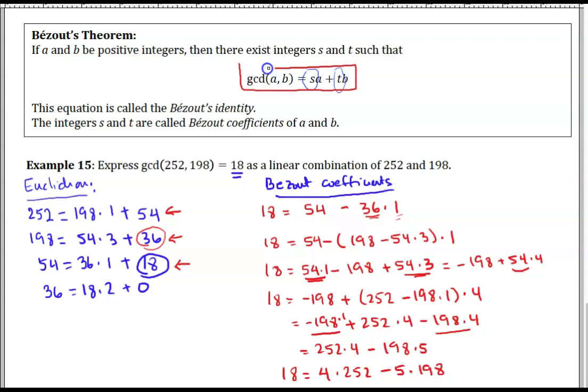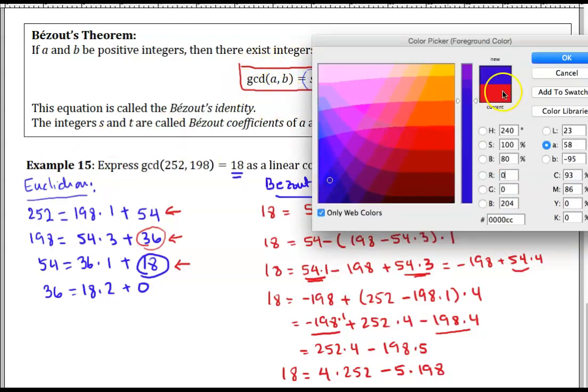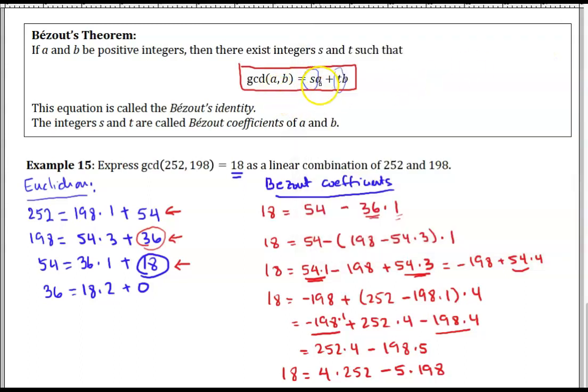Once you use that last line in the Euclidean algorithm, we can basically see that we got this format right here. Okay, so let me just pick a different color. All right, so A and B were my original numbers. So this is A and this is B. This is my GCD right here. 18 is the GCD, right?